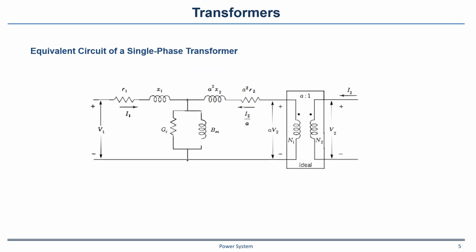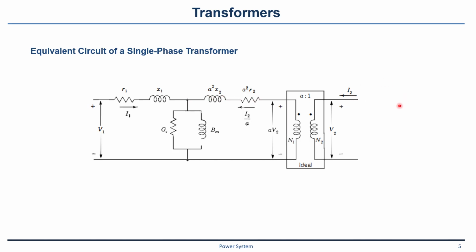So the transformer model is something like this. We have one ideal transformer, but here we have some R and X, resistance and inductance, for the primary winding and the secondary winding.